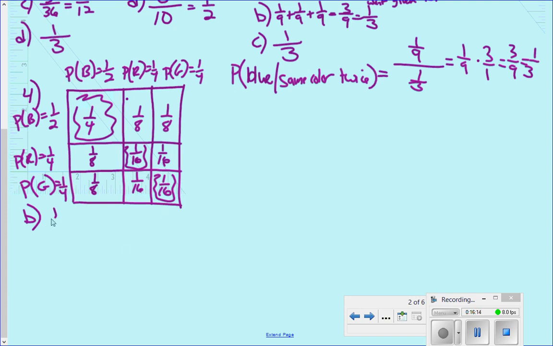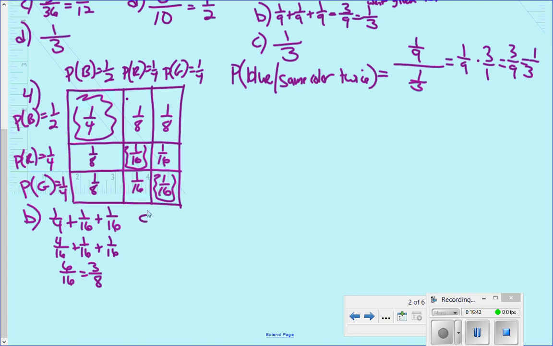So I'm going to take those probabilities 1/4, 1/16, and 1/16, and add them, because or means we add, and these are mutually exclusive, so I don't have to worry about any overlap. With a common denominator, that's 4/16 plus 1/16 plus 1/16, which gives me 6/16, which simplifies to 3/8. So that's my answer for B.